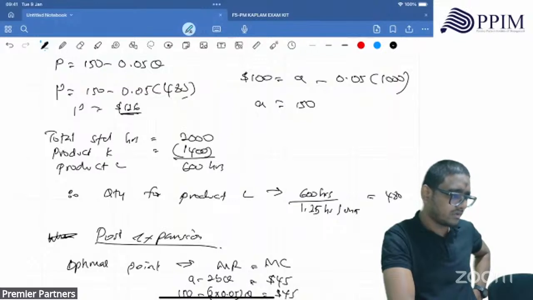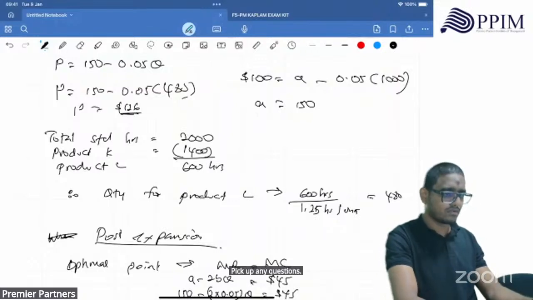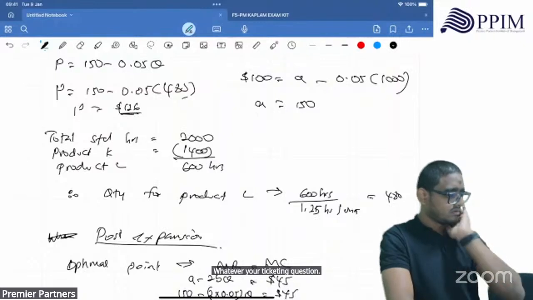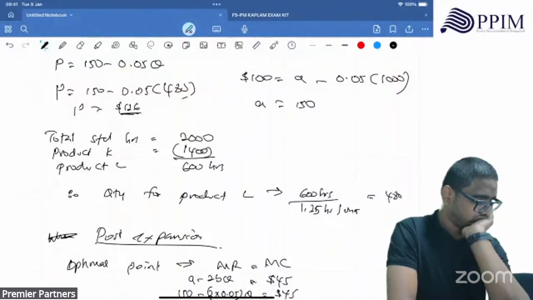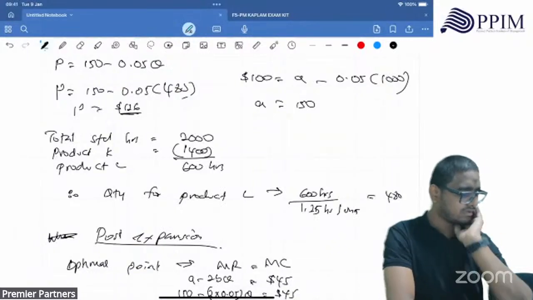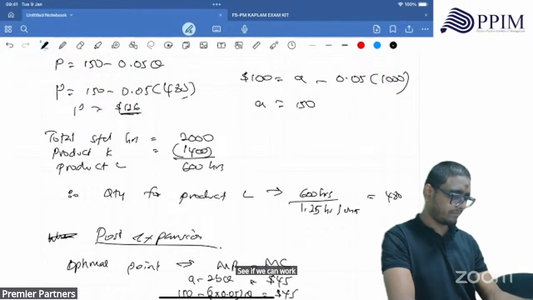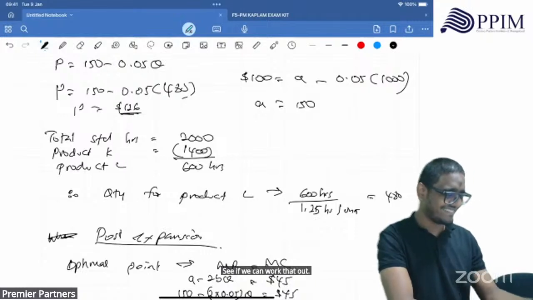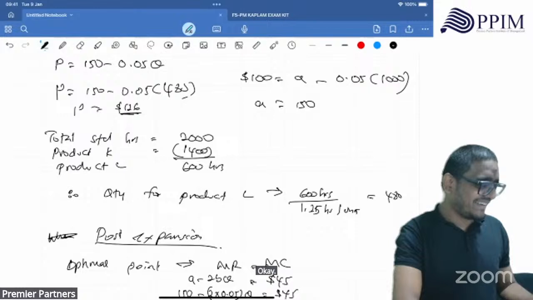Ticket agent question. What happened to the ticket agent question? Okay, see if we can work that out. We'll do that question. Good question.